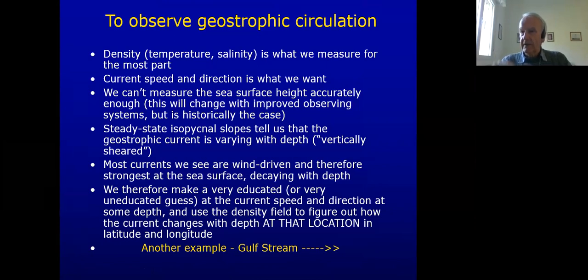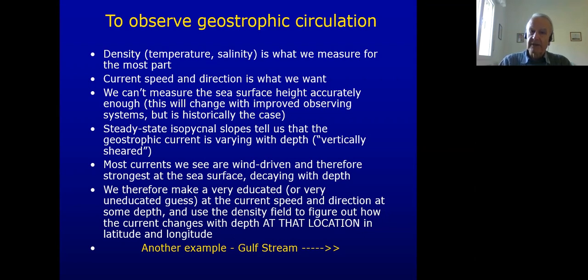Therefore, apart from measuring the sea level, which is now relatively simple but used to be very difficult, even impossible, we have to measure the density, or temperature and salinity, in order to obtain the vertical distribution of the density and of the pressure. And we in fact want to have the current speed and direction, but we cannot.